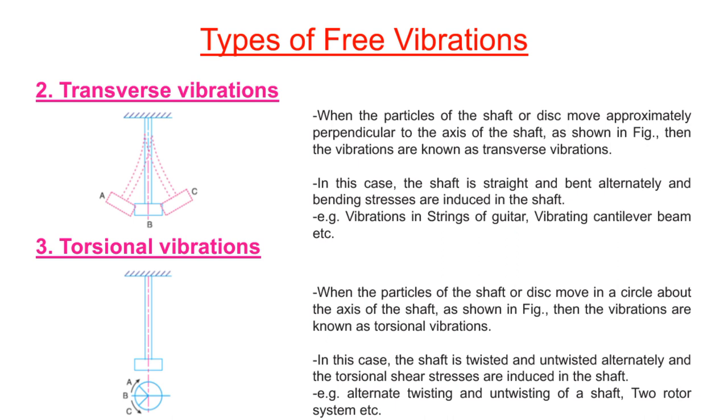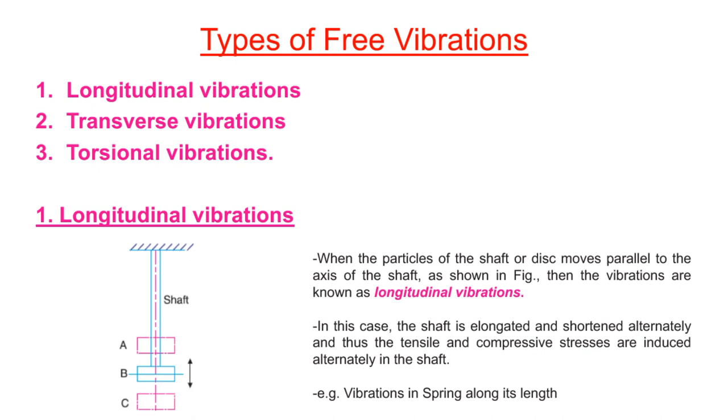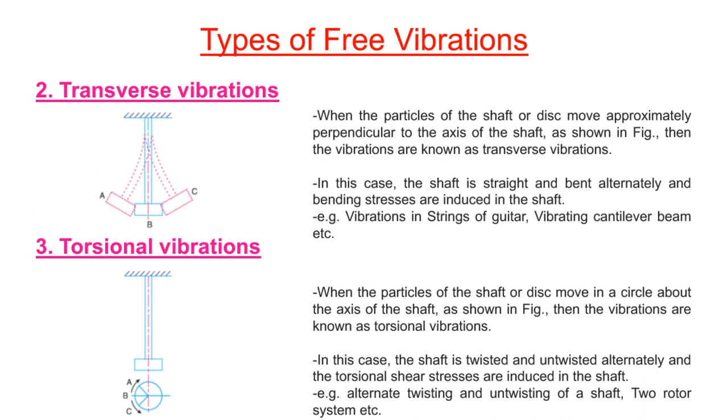Second is transverse vibration. When the particles of the shaft or disc move approximately perpendicular to the axis of the shaft. Previously I told you that vibrations parallel to the axis of the shaft are longitudinal, and perpendicular to the axis of the shaft are transverse vibrations.